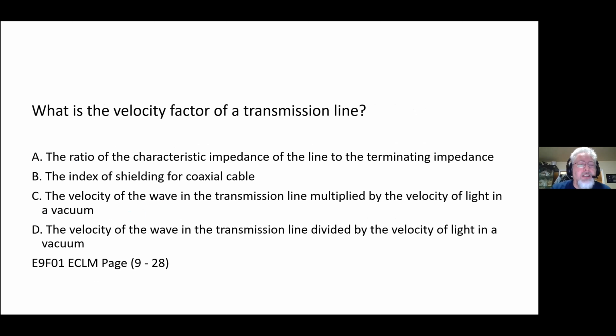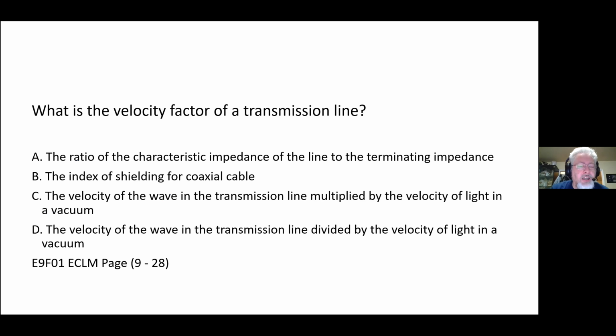What is the velocity factor of a transmission line? A, the ratio of the characteristic impedance of the line to the terminating impedance. B, the index of shielding for coaxial cable. C, the velocity of the wave in the transmission line multiplied by the velocity of light in a vacuum.